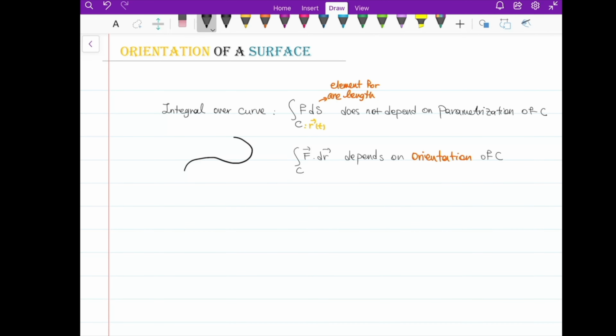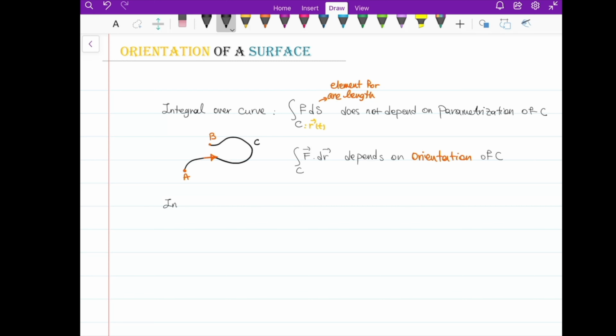If you have a curve like this, for example, this is the curve C, then the orientation is basically telling you that we're going from point A to point B in that direction. Basically, this arrow shows the orientation of a curve C.